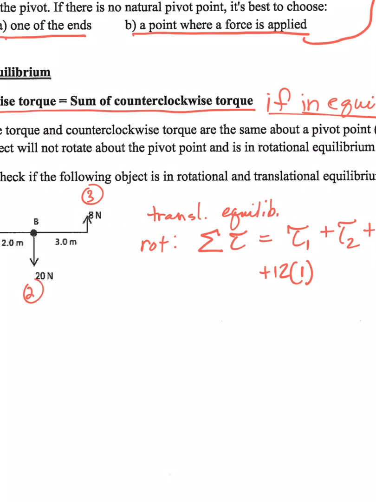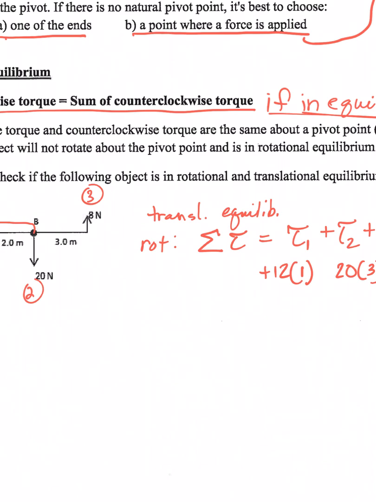Now, let's look at 2. Torque 2 is 20 newtons, and how far away is it from the pivot? No, it is not 2 away from the pivot. From here all the way to here is how far? 3. Now, is that one going to make it go clockwise or counterclockwise?